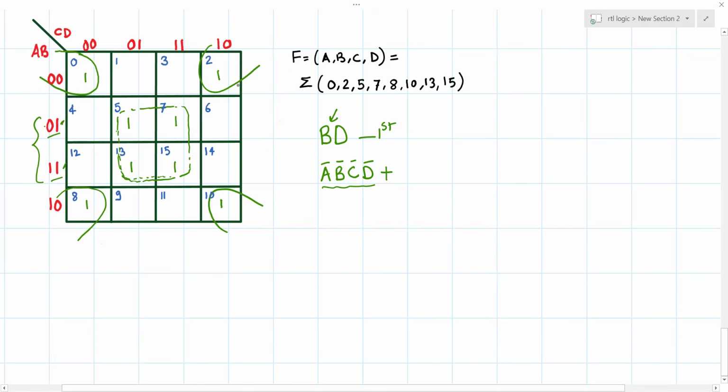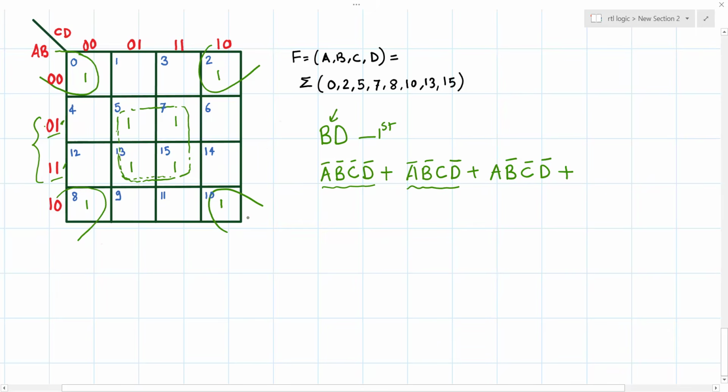Now, for this one right over here, I see A bar, B bar, C, and D bar. This is how I get the second term. Now I look for the third one right over here, where I can write A, B bar, C bar, D bar.